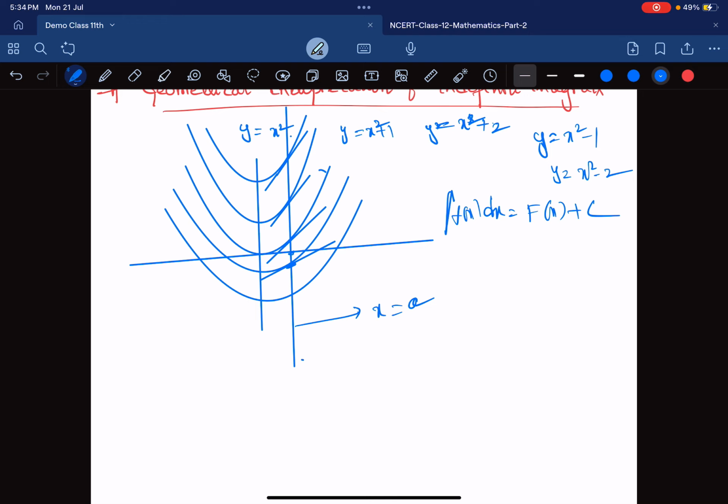These members can be obtained by shifting any one of the curves parallel to itself. These tangents are all parallel to each other.